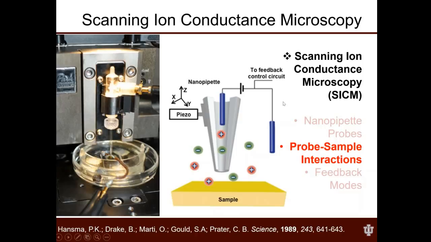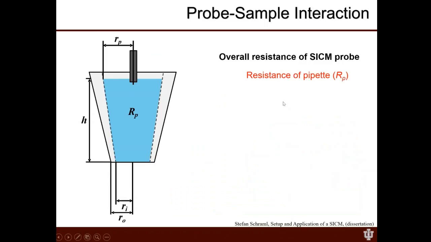If we think about the probe-sample interaction and how that's generated, we can start with just a pipette. Here's a cartoon schematic of a nanometer scale pipette. There's no scale here, but in this case it'd be a nanometer scale pipette. It's filled with an electrolyte solution, and there's an electrolyte solution on the outside too that isn't shown.